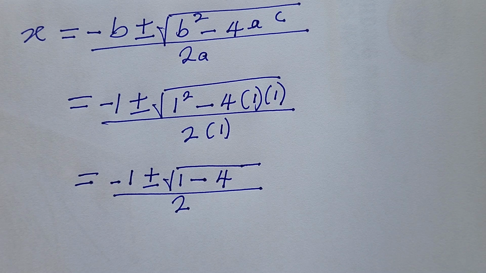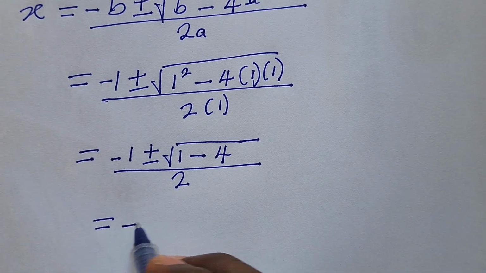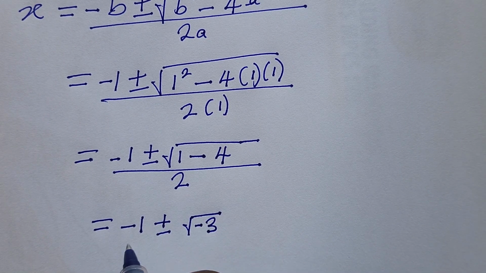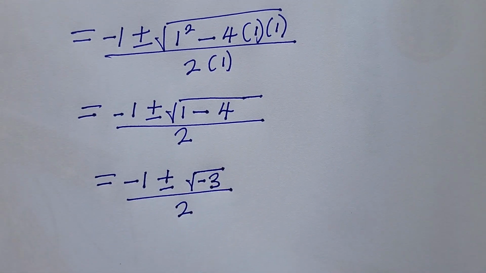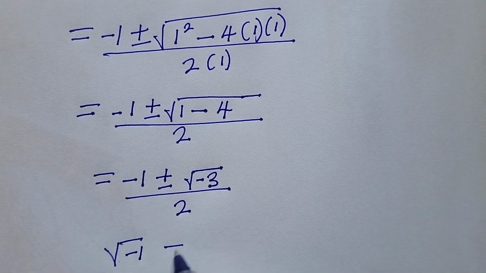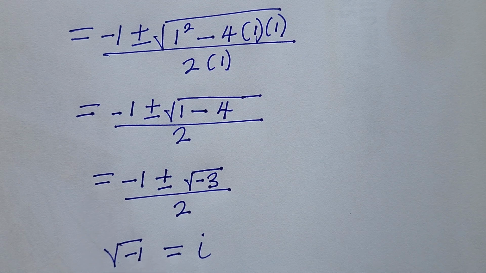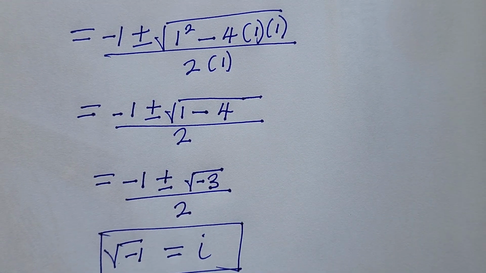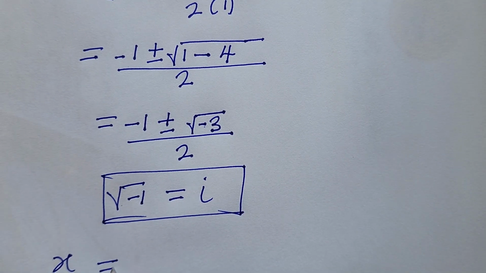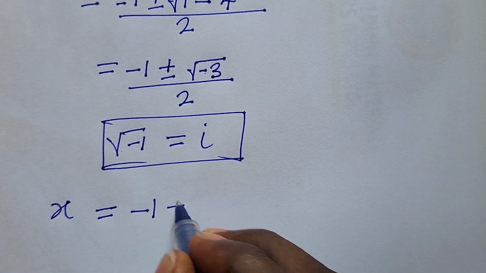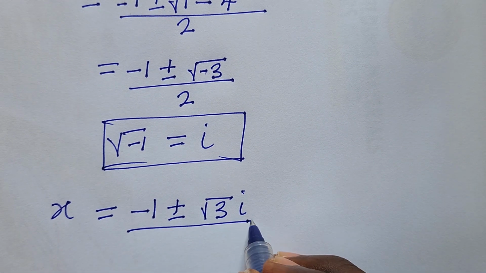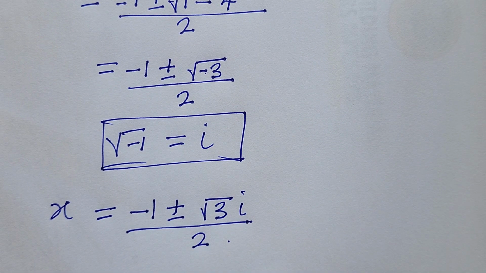So if we carry out this arithmetic, this will give us minus 1 plus minus the square root of minus 3, everything all over 2. Now if you watch carefully, we know that the square root of minus 1 is equal to iota, right? So we can bring this into the system here. So our x will now give us minus 1 plus minus the square root of 3 iota, everything all over 2. Easy, right?